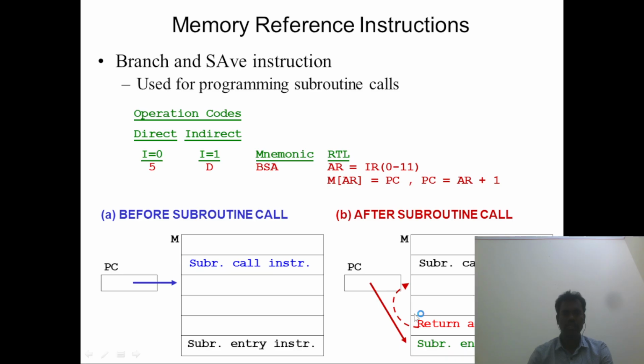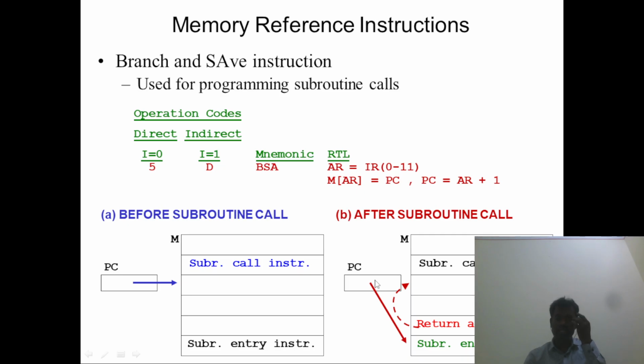So before going to this place, it will store the PC into a memory location. Before going to the subroutine, the next instruction address, the PC, will be loaded into M of AR. Generally it will indicate the next address, though some other address can also be specified. Then it will store the AR.